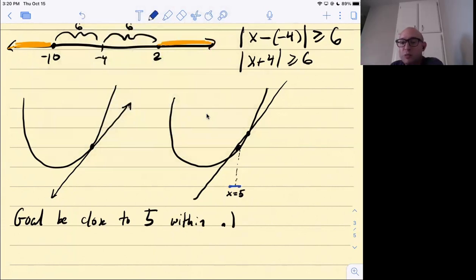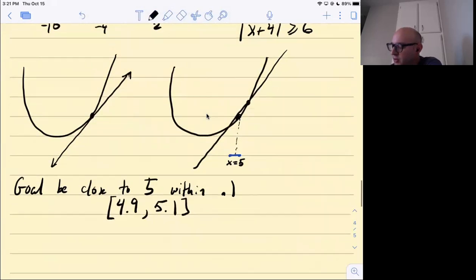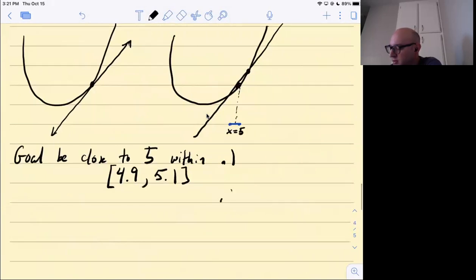Yeah, I can be 4.9, or what's another number I can be in between? 5.1. So x can be between 4.9 and 5.1. What if I want to be within 0.01?